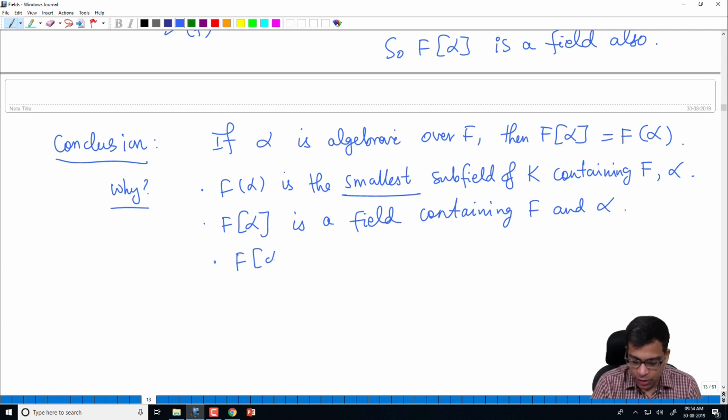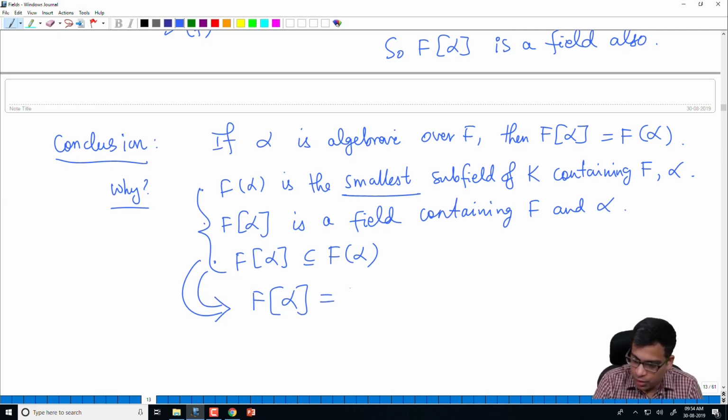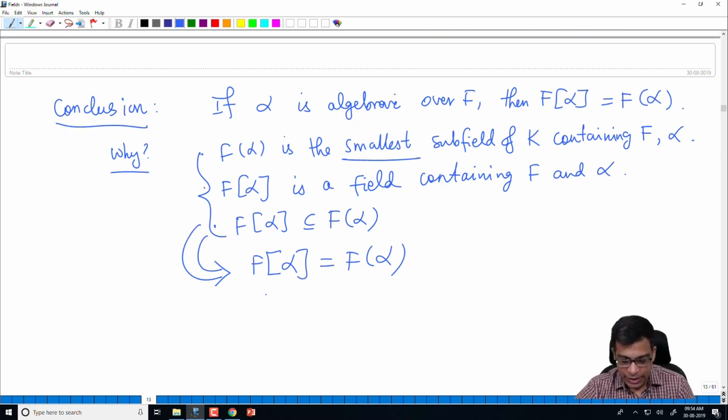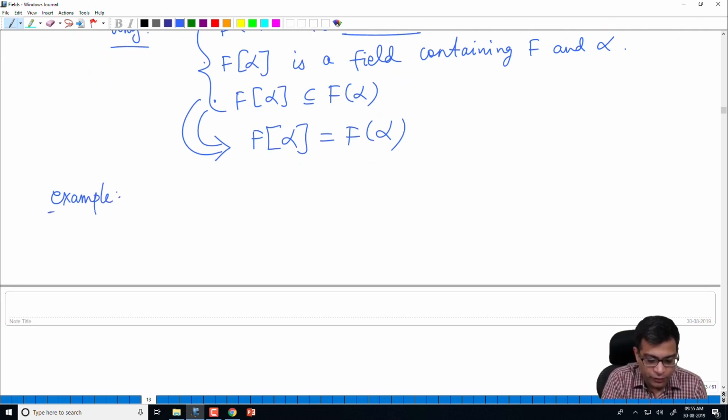And finally F square bracket alpha is contained in F round bracket alpha. These three things together imply that F square bracket alpha is equal to F round bracket alpha. So this is the weird thing in this. If alpha is algebraic, it suffices to consider polynomials in alpha and they automatically form a field.